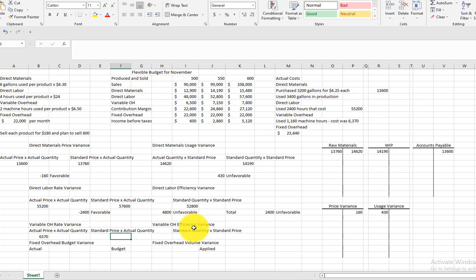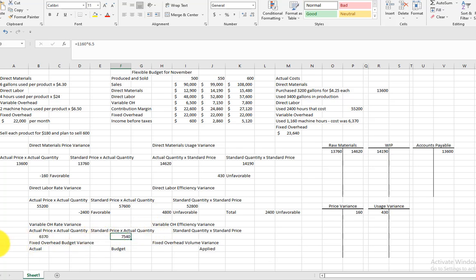So that is what standard price is times the actual machine hours.